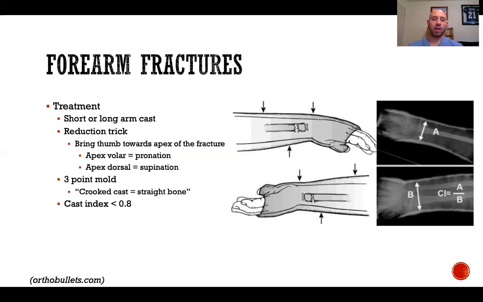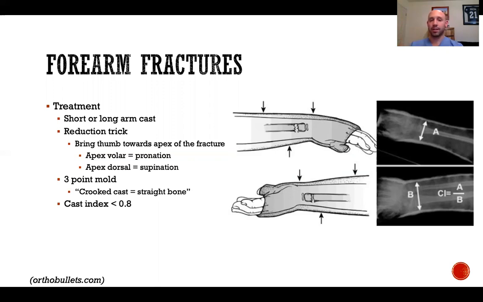So if you have an apex volar deformity, so apex at the volar surface, which is going to be more anterior, you want to bring the thumb towards that, so that's going to be pronation. If it's on the dorsal surface, you're going to bring the thumb towards that, and so you supinate the hand, and that may help you with your reduction.